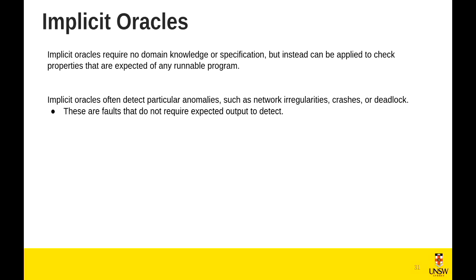So these are the faults that do not require expected output or the semantic relations between inputs and outputs. So they are very general. And although they are very general, we need to somehow think about how to enhance the sensitivity of detection here.